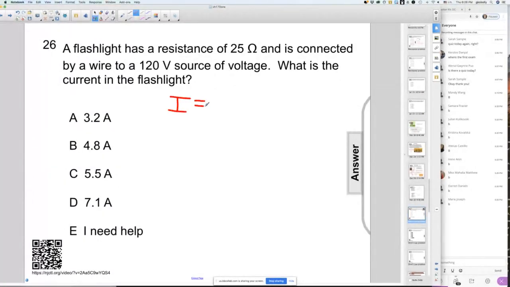So this is a classic example of using Ohm's law. Let's see who can get this first. Both of these are given here, volts, ohms, that's R. You can do this in your head.